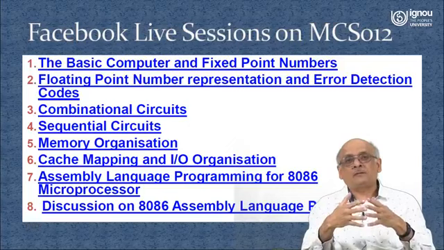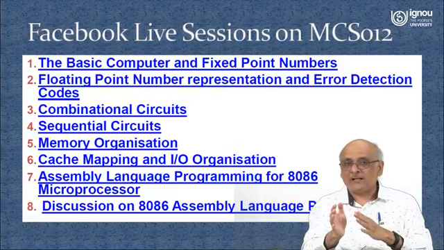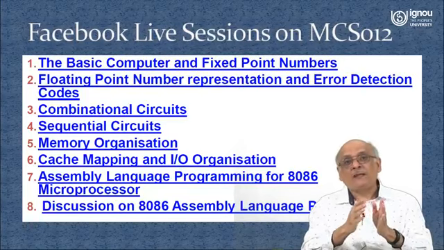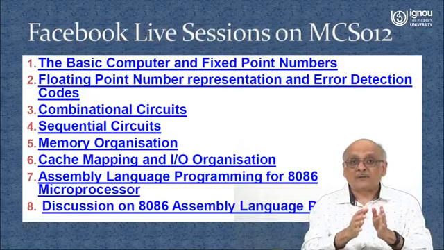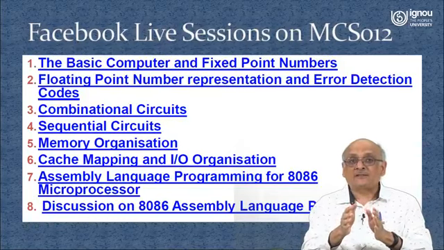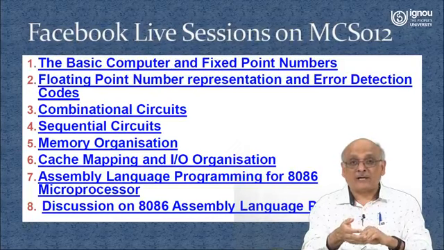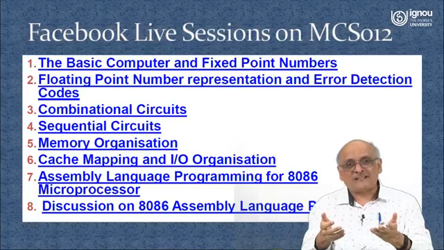Technically, block 3 is about the central processing unit, and the central processing unit is responsible primarily for execution of instructions, and those instructions are machine instructions, right? So when we learned about assembly language programming and the microprocessor, what we technically discussed was one of the examples of a machine, which happens to be the 8086 microprocessor, and the assembly instructions are equivalent to machine instructions only.